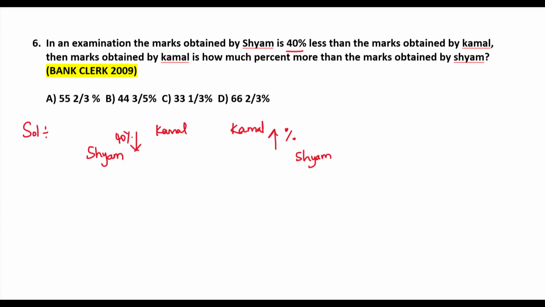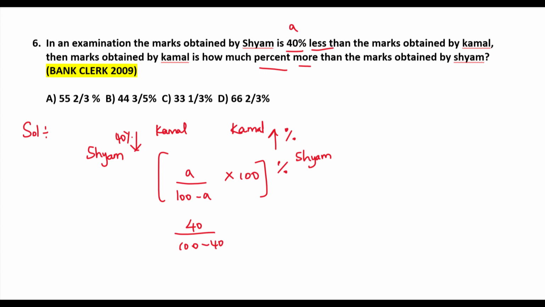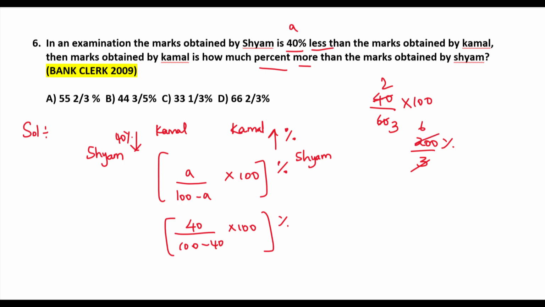Here what you have to see is our A is 40% and they have said lesser. So I'll use A by 100 minus A into 100. So this will give us our required percentage, that is how much percent more. So 40 by 100 minus 40 into 100%, that is 40 by 60 into 100, 2 twenties are 40, 3 twenties are 60, so you'll get 200 by 3%, that is divided, so you'll get 66.